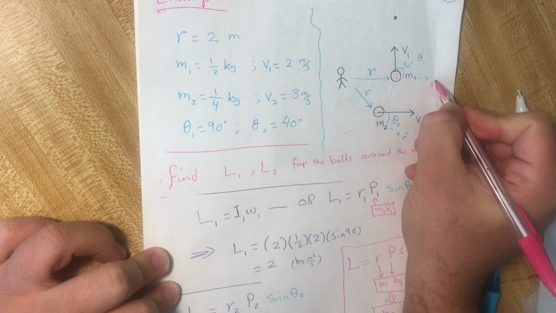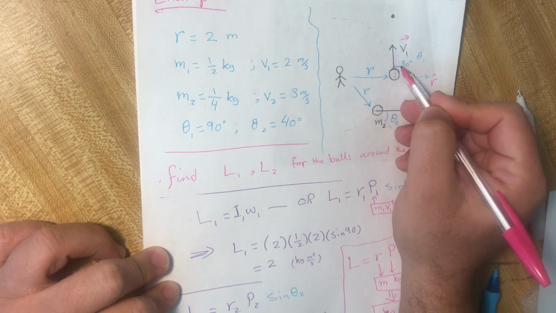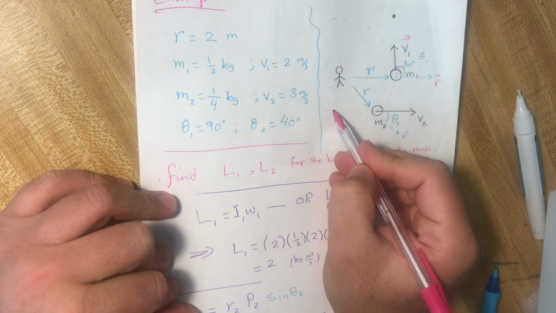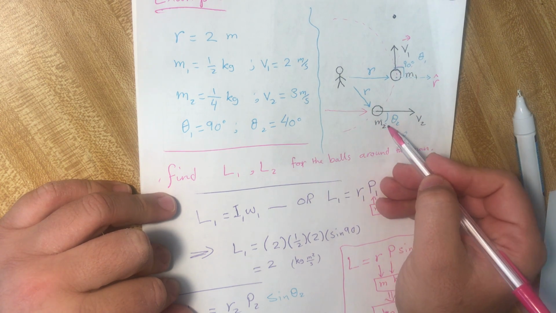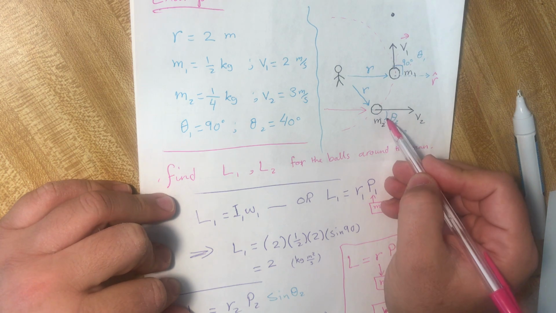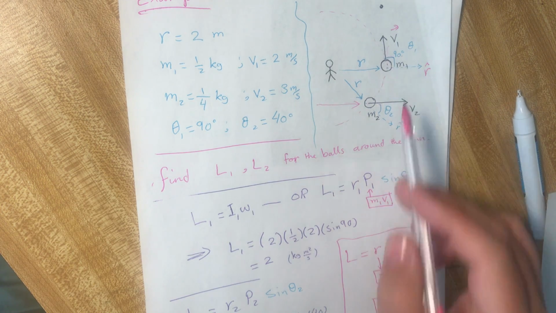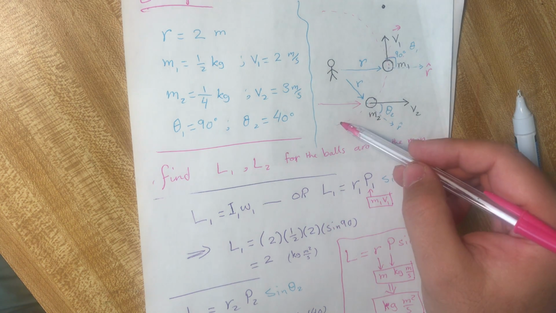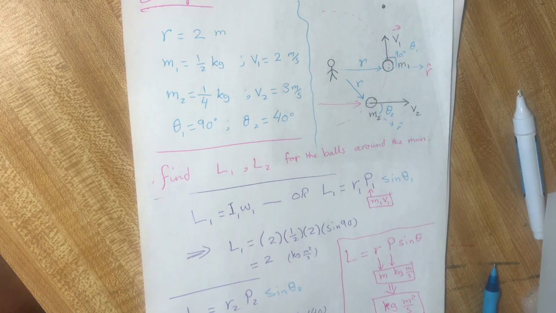This is the direction of r, and this is the direction of v. The angle between them is 90 degrees. Now we have another ball that comes in this direction. This is the r direction, and this is the velocity. The angle between them is theta. It is not perpendicular, so this ball does not move in circular motion. It just passes near that person.